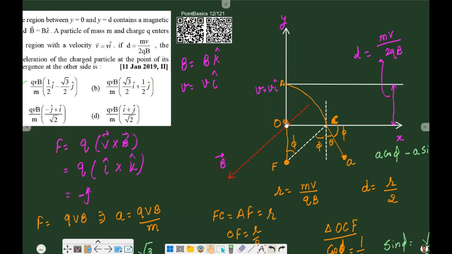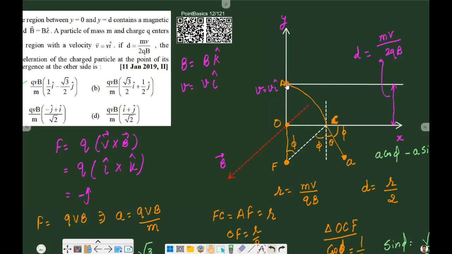So we consider that it is entering at one of its edges, and after entering there will be a downward force acting on it, so it will move in a circular orbit. Now we calculated the value of radius. Radius comes out to be mv by qB, and the thickness of this region is mentioned as mv by 2qB, meaning thickness is half of the radius.